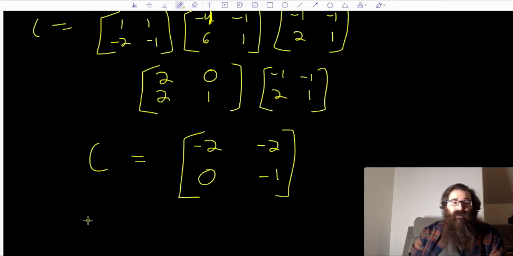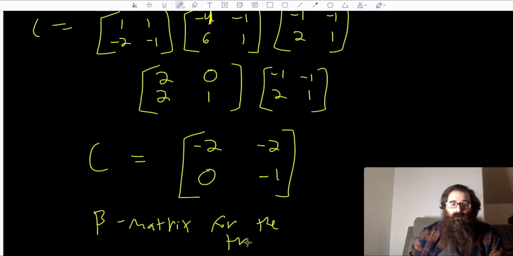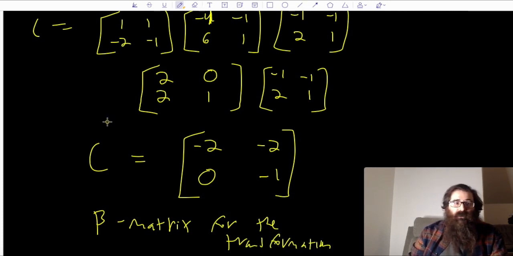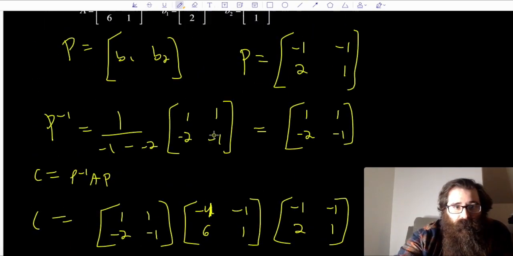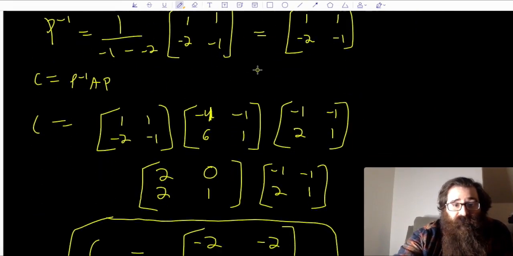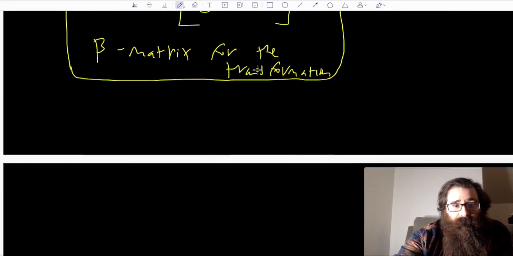So this is my beta matrix for the transformation. Matrix C is the so-called beta matrix for the transformation. We found it by doing P inverse times A times P. So we have our beta matrix for the transformation from X to AX.